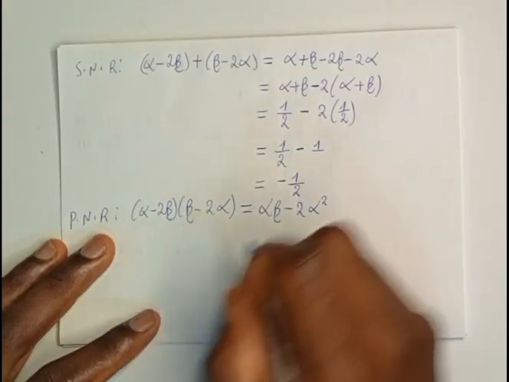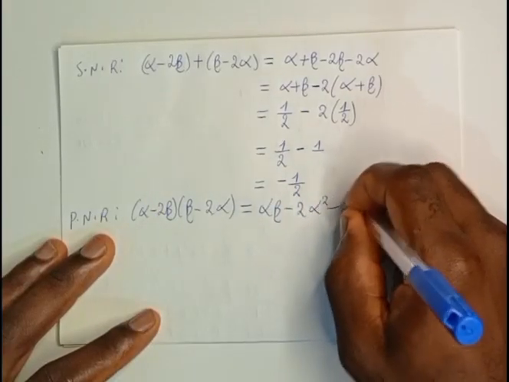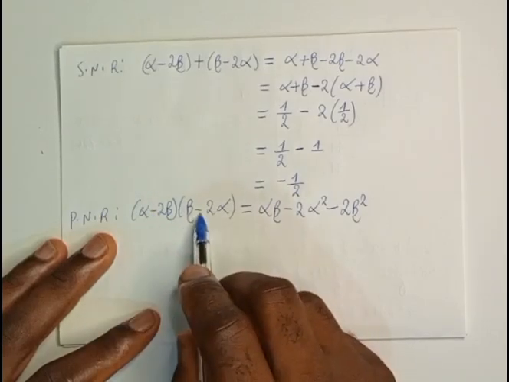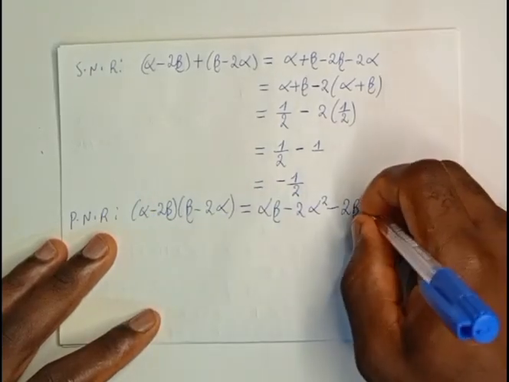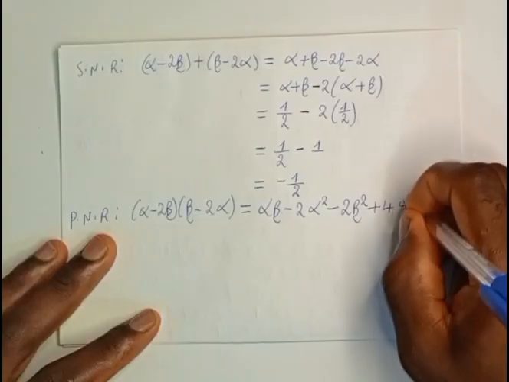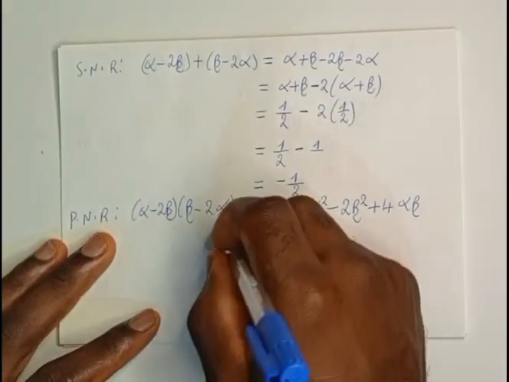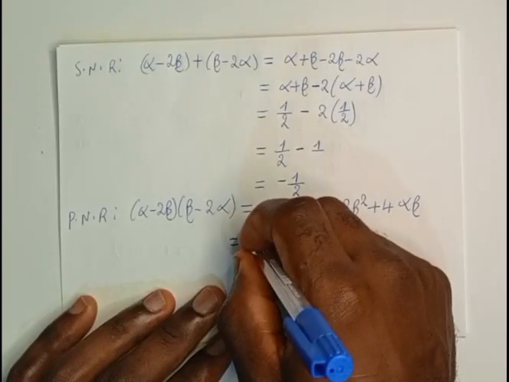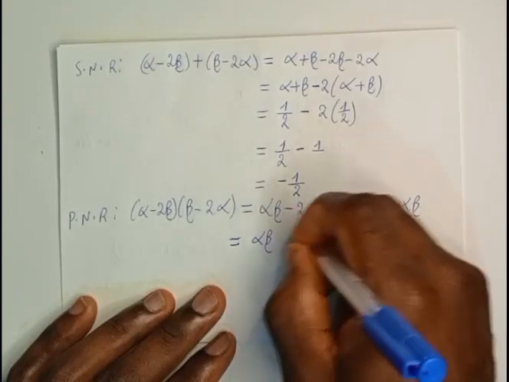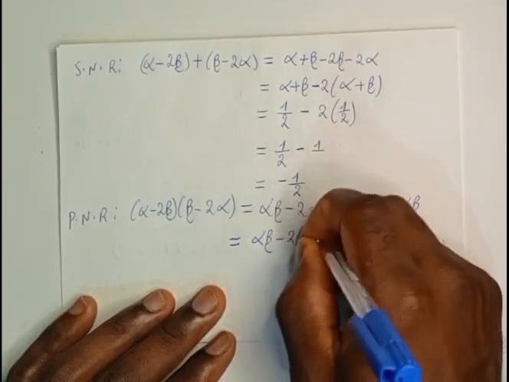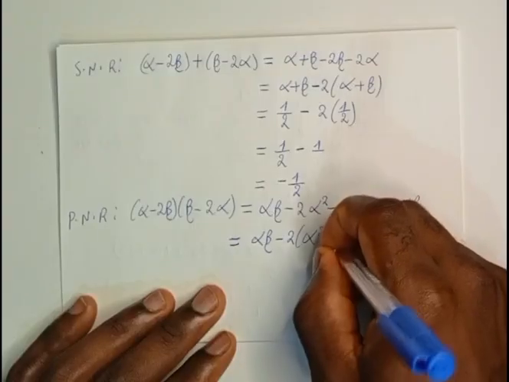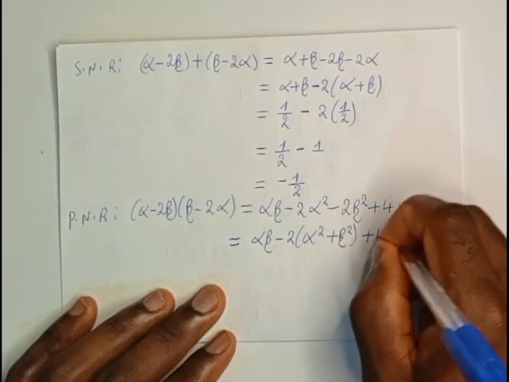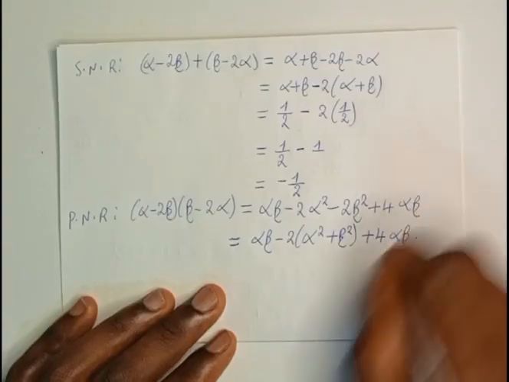Negative 2 beta times beta gives us negative 2 beta squared. Negative 2 beta times negative 2 alpha gives us plus 4 alpha beta. This will simply be equal to alpha beta. We can factor negative 2 times alpha squared plus beta squared plus 4 alpha beta.